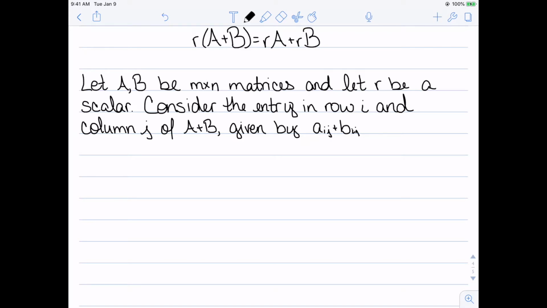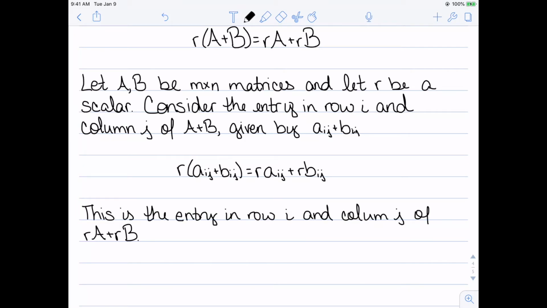I'm then going to consider the entry in row i and column j of A plus B, which we know is given by A sub ij plus B sub ij. Since A sub ij and B sub ij are just real numbers, we know the distributive property holds for those. So I have R times (Aij plus Bij) is equal to R times Aij plus R times Bij.